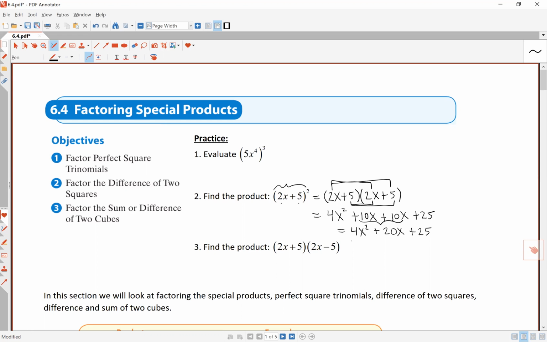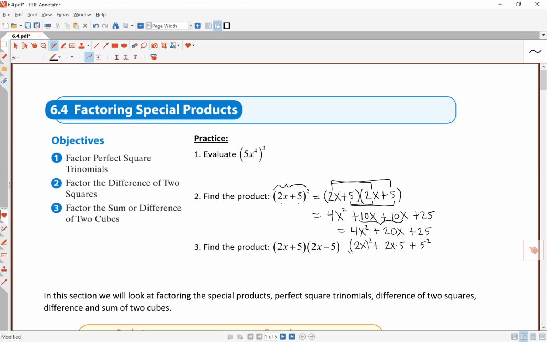So we can see that the first term is the square of the 2x. The middle term is twice the product of the two terms, 2x and 5. And the last term is 5 squared, or the square of the second term.